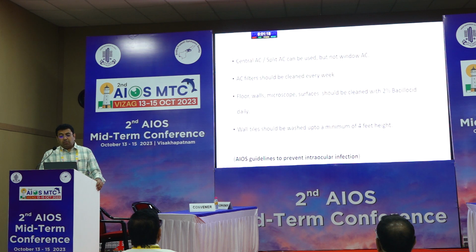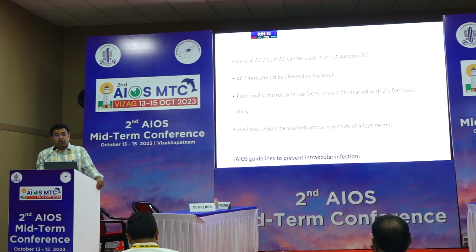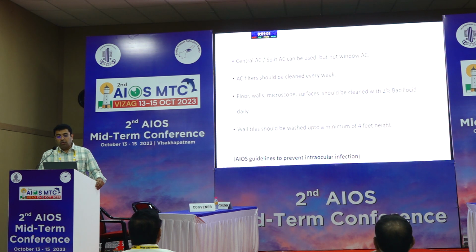Most OTs are air conditioned, so it's always preferable to have a central AC, and a split AC if your economy doesn't permit. But a window AC should never be used in an ophthalmic OT, because you cannot be absolutely sure of your sterilization if you are using window air conditioners.